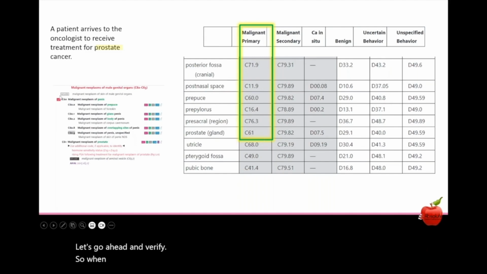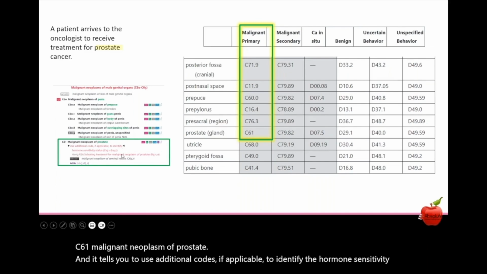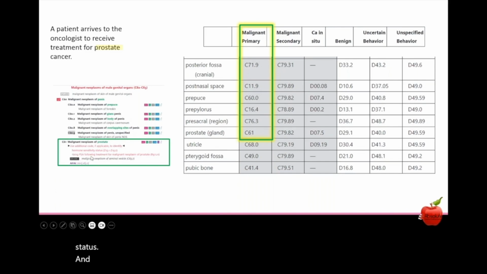When we look in the tabular list, C61, malignant neoplasm of prostate. And it tells you to use additional codes, if applicable, to identify the hormone sensitivity status and rising PSA following treatment for malignant neoplasm of prostate.